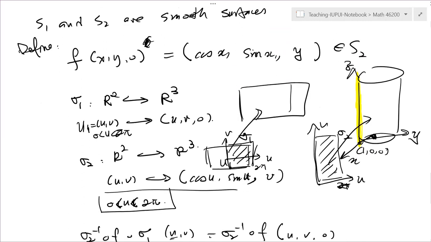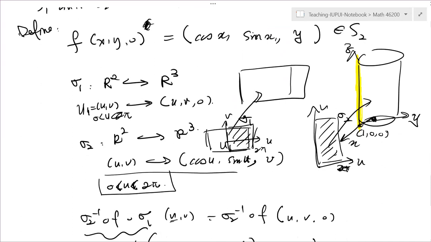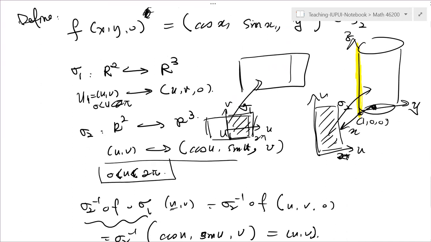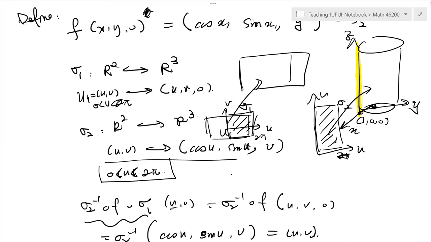What we did here, okay, we showed that the function is smooth on the interval from 0 to 3 pi.